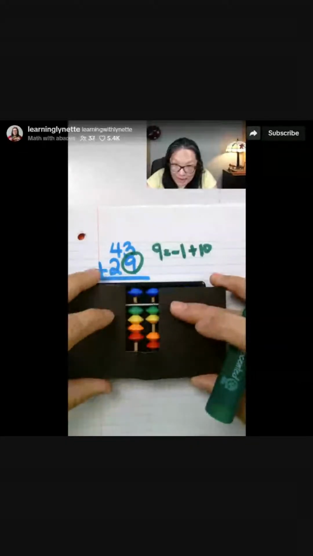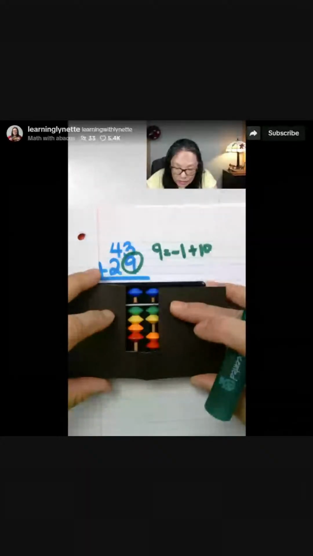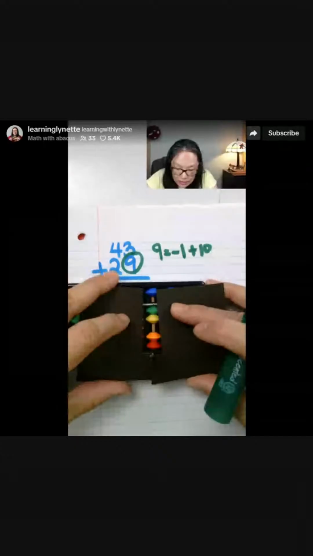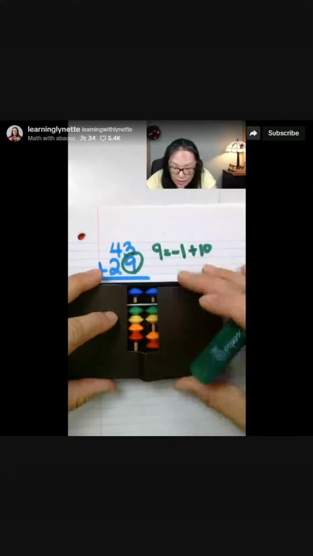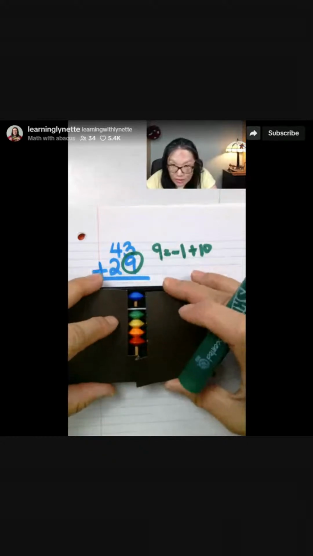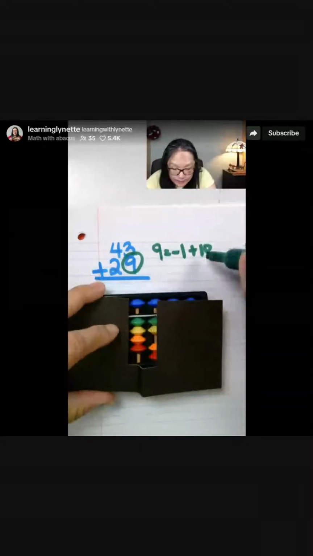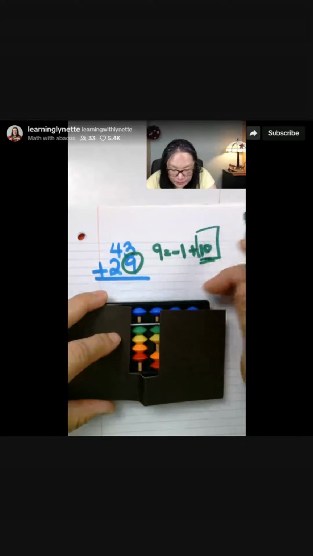No. 10 is 1, 0. So how do I add 1 here? Do you remember how to add the 1? Is there enough beads to add the 1? No. So what do I do?